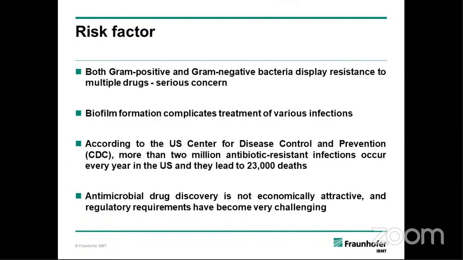And if 2 million antibiotic resistant infections are happening in a country with, you can say, a good healthcare system, it means that in other developing countries like Pakistan, India or Bangladesh, we are facing a much bigger problem than there.